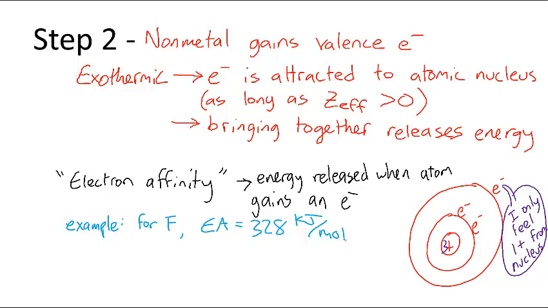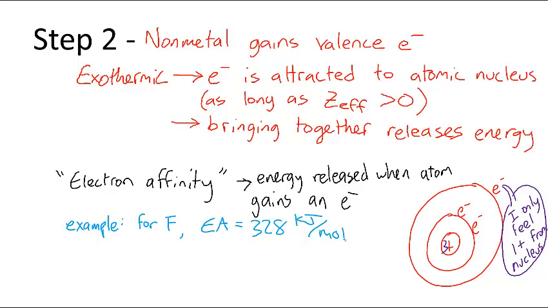So let's go back to our story here. Our story was the nonmetal really wants to gain electrons, and so the nonmetal steals the valence electrons from the metal because the nonmetal's stronger. To take the electron away, we have to put in 376 kilojoules per mole, and then when the electron's added to fluorine, we get back 328 kilojoules per mole.